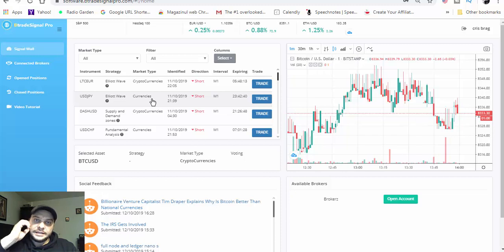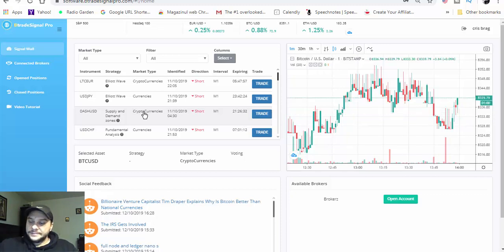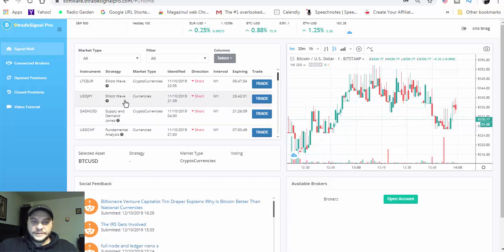The confidence factor shows you in percentage how many chances a signal has to be in the money. It's between 50% and 100%, and I'm always telling you to use a confidence factor of more than 60%.